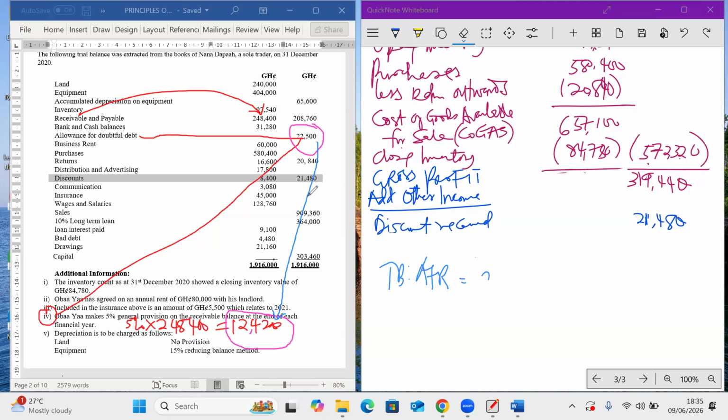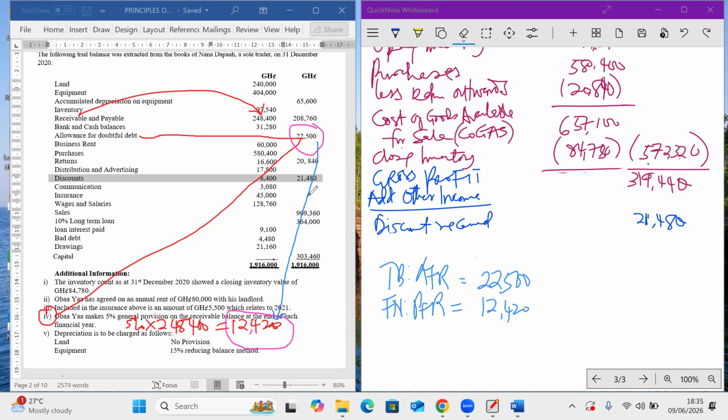So at the beginning of the year, it is 22,500. The footnote information, which is additional information, are the end of year figures. They said provision for receivables at the end of the year was 12,420. Has the 22,500 increased or decreased as at the end of the year?